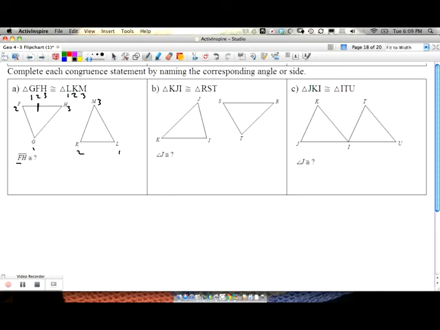I'm looking for the piece that's the 2, 3 right here. So I need the other piece that's the 2, 3, which is the KM. Now a little note here, if you wrote MK, technically that's also true. Normally we write it in the same order that it was written from the original one, but you could write it in either order.